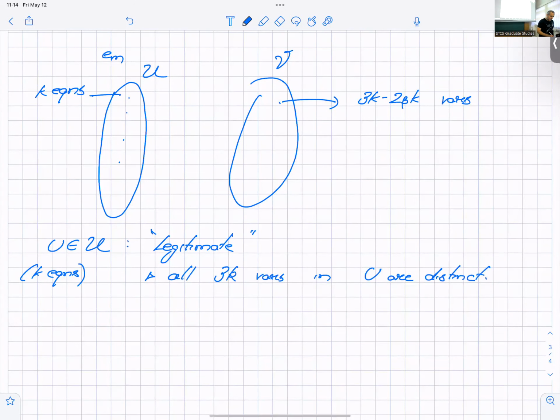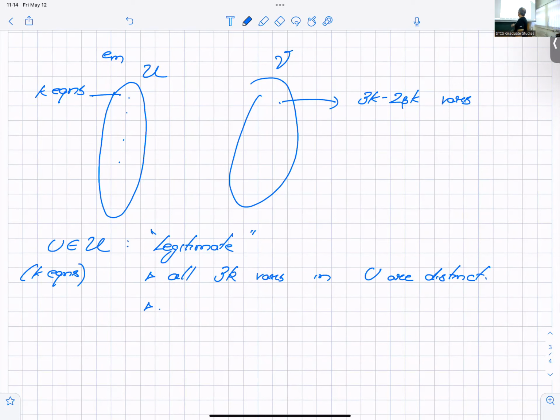In addition to this, we're going to assume one more thing. Take any equation, not necessarily something appearing in U, take any other equation, so it has some xi, xj, xk. So let's take two of these variables, xi and xj.